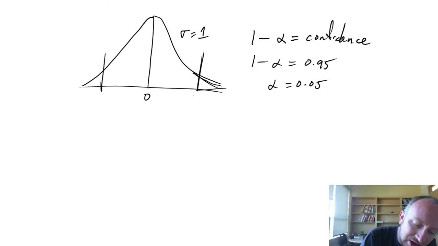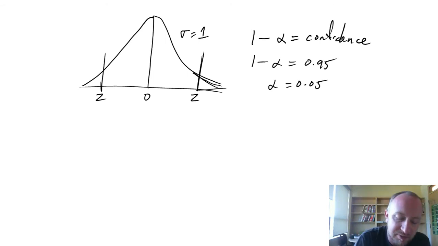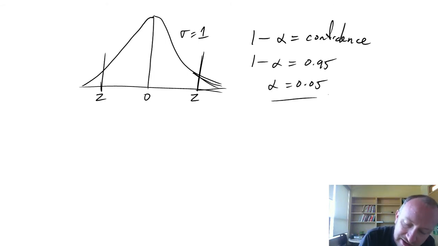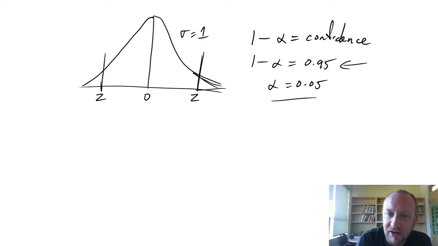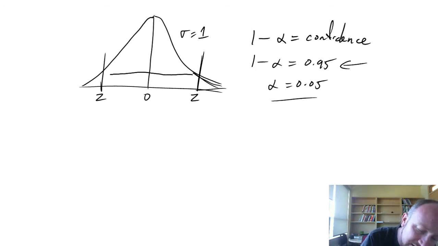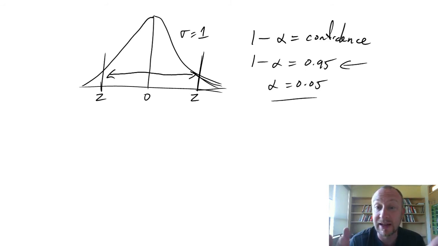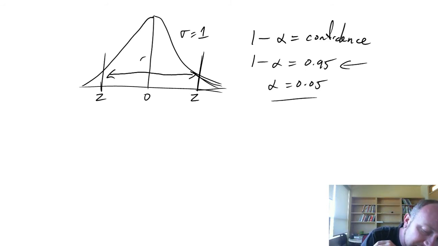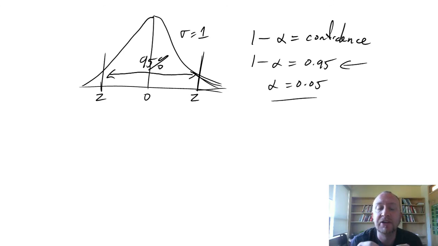So I can look up in our Z tables two Z values that correspond with, in this case, a 95% confidence interval. I want to define this area here such that if I were to draw a number at random out of this standard normal distribution, 95% of the time I'll draw an observation from between those two Z values.